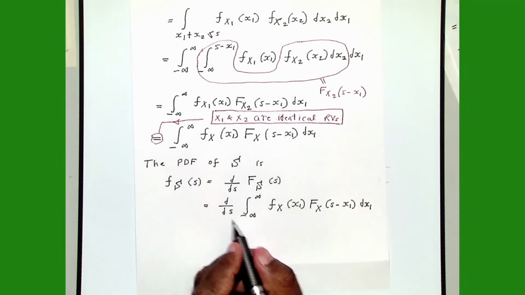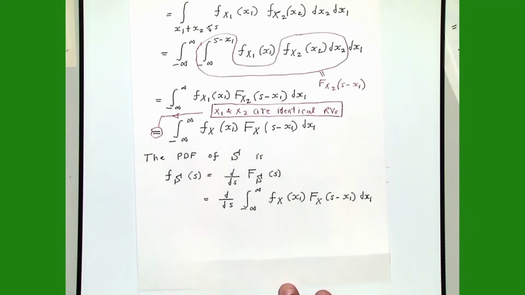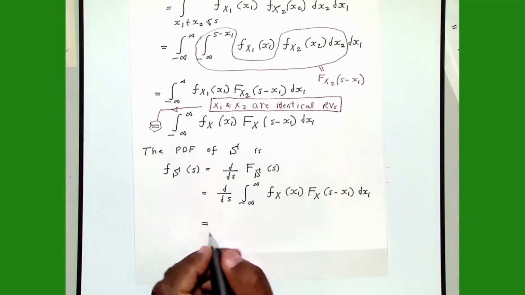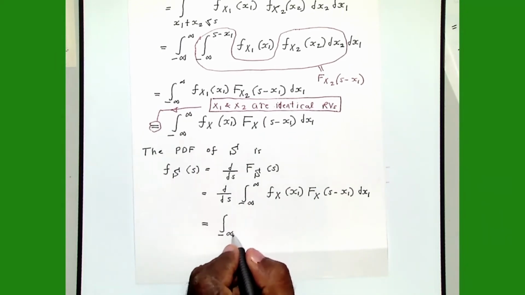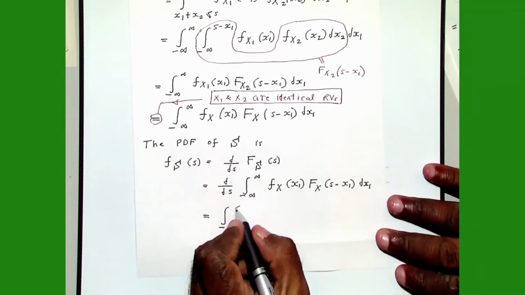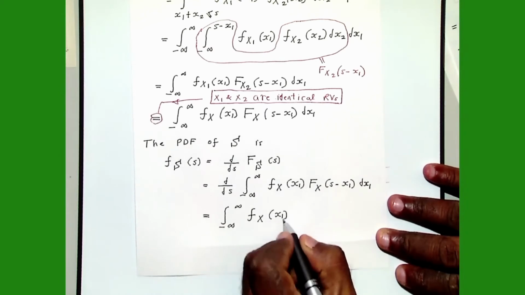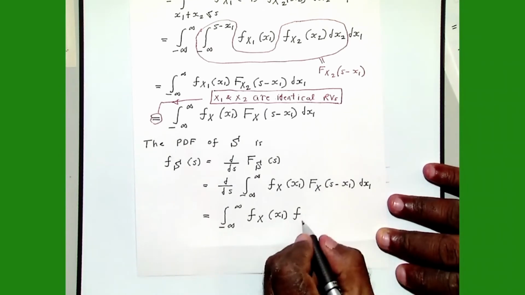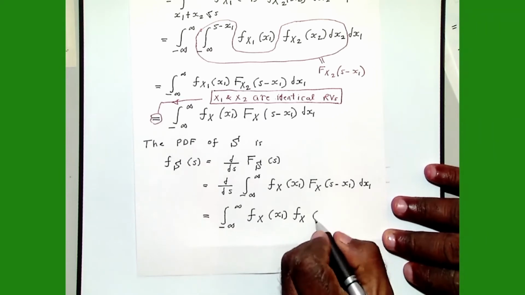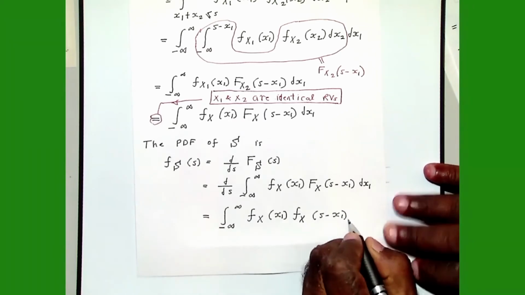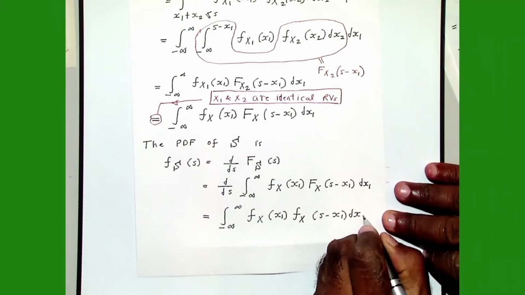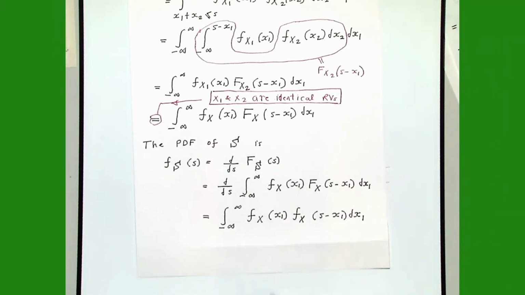Now if you take the derivative inside and differentiate with respect to s, this is what you will get. You will get the integral from minus infinity to plus infinity of x1, and the derivative of this with respect to s is, okay. So this formula gives the PDF of the total portfolio loss when you have two investments.